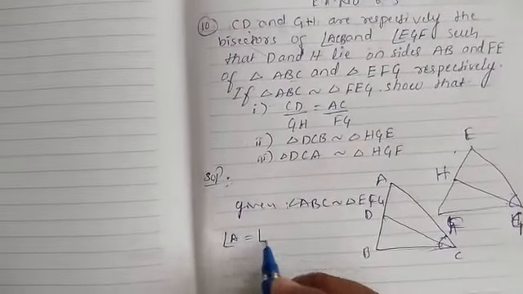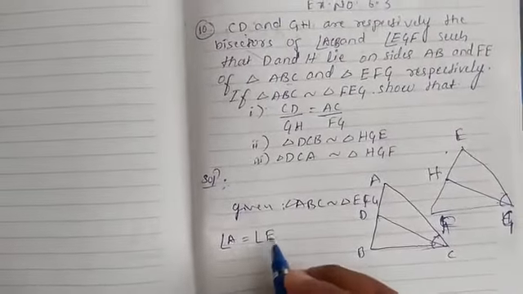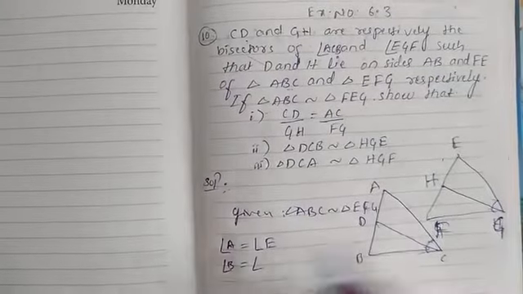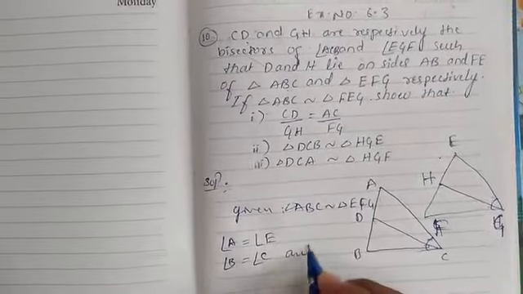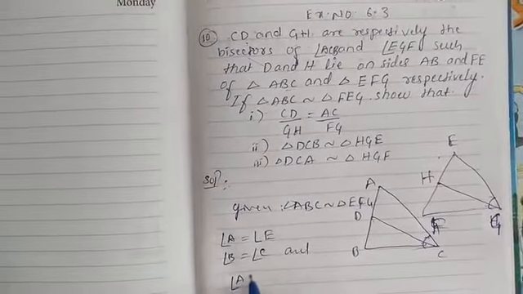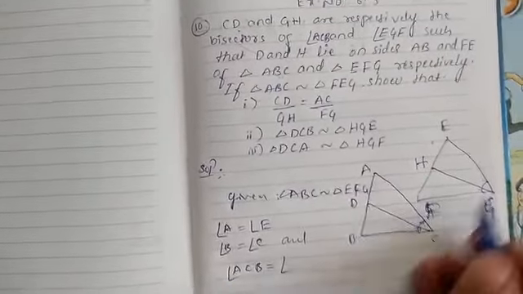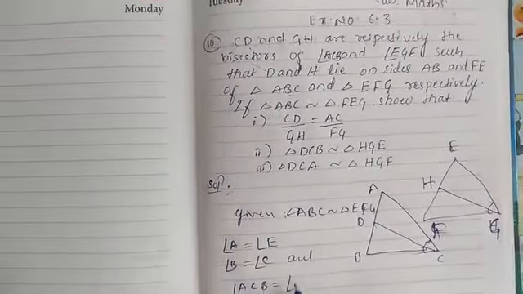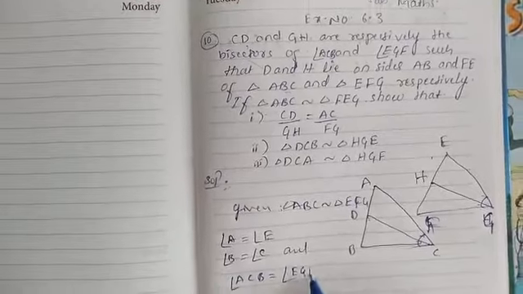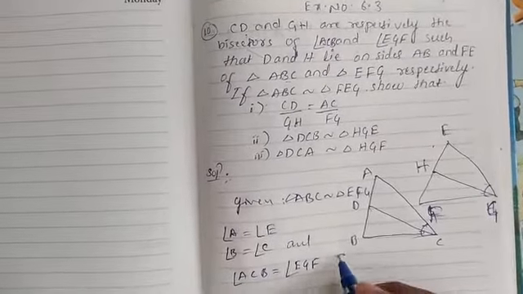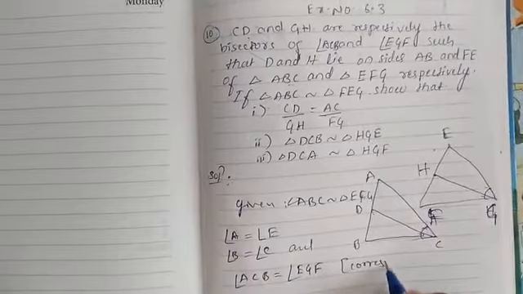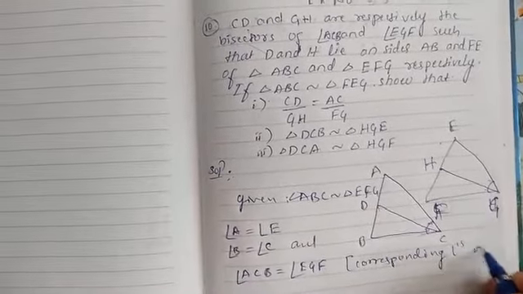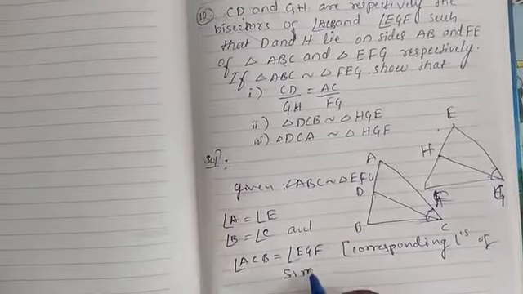So angle A is equal to angle E, angle B is equal to angle F, and one more: angle ACB is equal to angle EGF, because corresponding angles of similar triangles are equal.